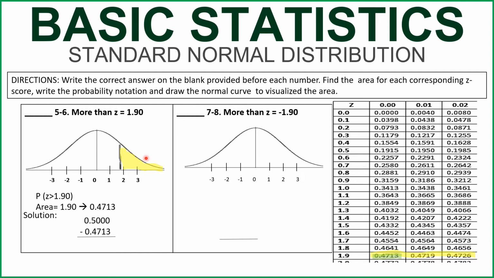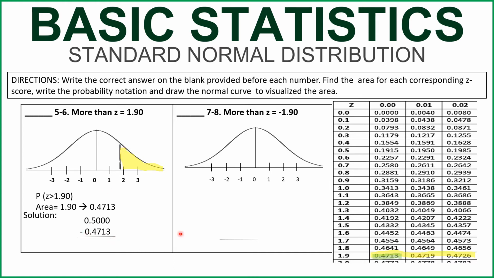We subtract, because it's only a small portion. It's just part of the 0.5, so we subtract. When the area on the other side is shaded, we add, because it's more than 0.5. The whole other side is shaded, and there's still more in the other half, so we add. But in this given, we subtract because it's only on one side of the normal curve.